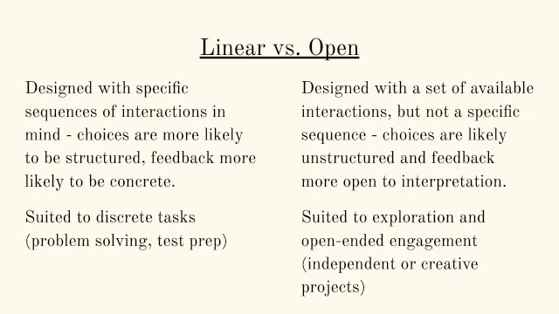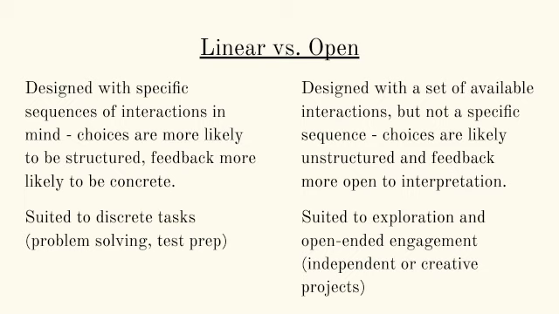Essentially, in a linear design, you're establishing there is a correct way to interact with this media, and feedback is going to have to be framed in those terms. You're telling the user whether they're doing it right and to keep going, or that they're doing something wrong and need to back up and try again.